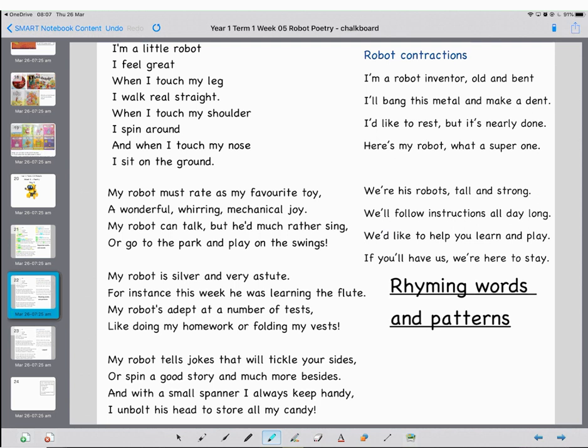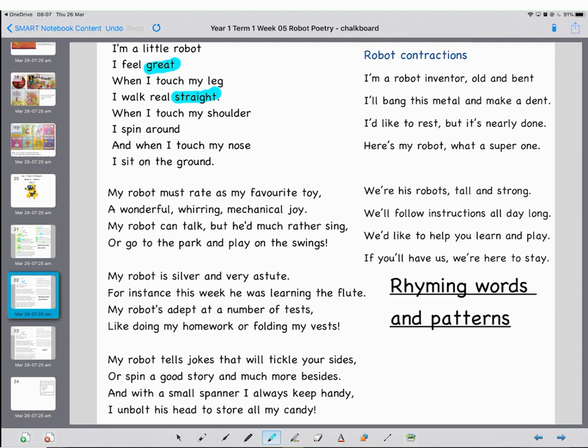More often they sound the same, so you're going to be using your phonics knowledge here. So, I'm a little robot, I feel great. When I touch my leg, I walk real straight. So I think you can probably hear the rhyme there, which is great and straight.